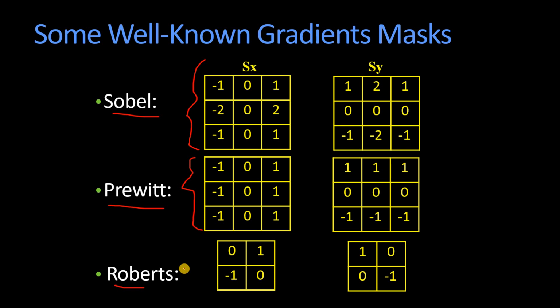Clear? I suggest that you take these operators in the lab. There is an exercise on this, where you apply these operators on the images to see the results, if you can feel any difference.